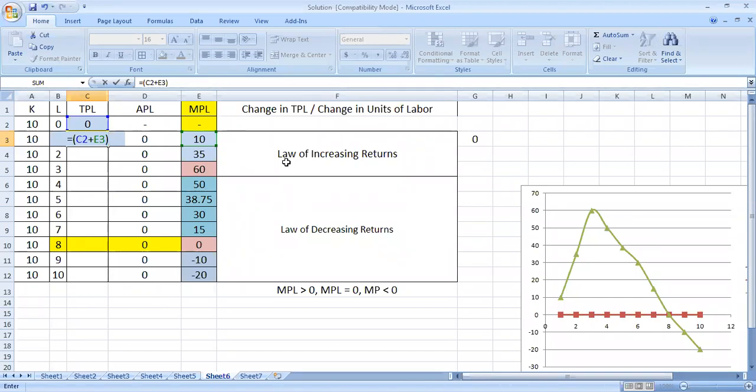But within production, what I'm doing is considering the previous value of total output of labor and adding the current value of marginal product of labor, and then obtaining the current value of total product of labor, right? It is 10. Think about when we are employing the second unit of labor, we need to take the previous value of total output of labor, then add the current value of marginal product of labor. 10 plus 35, it should be 45.